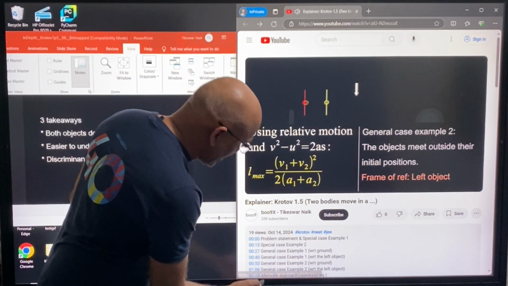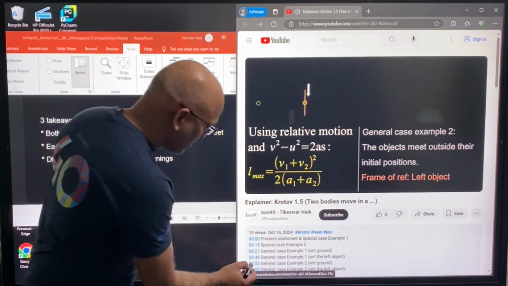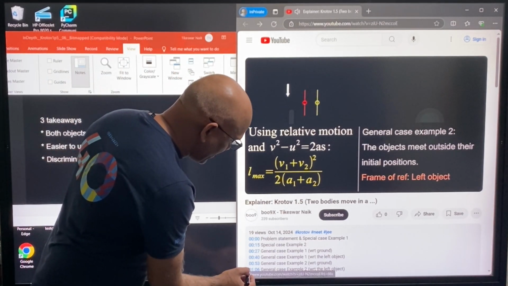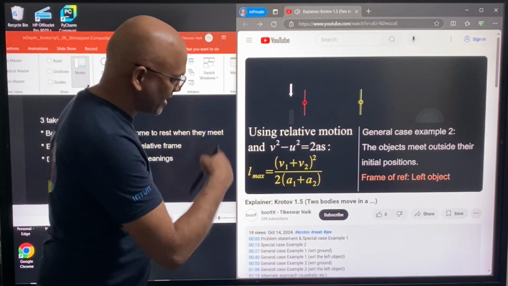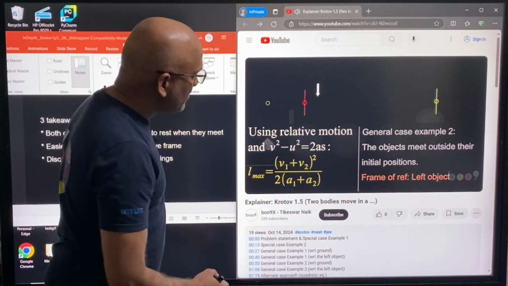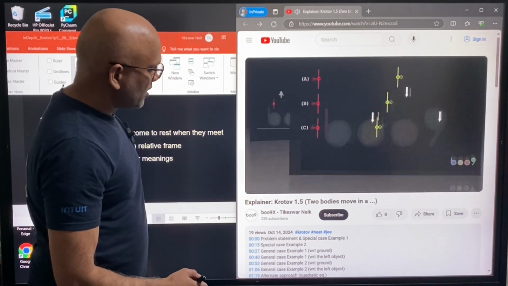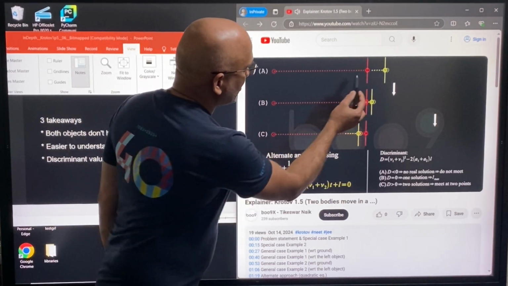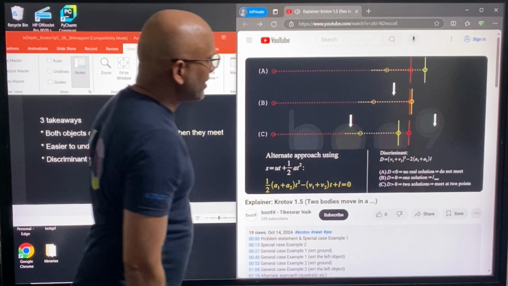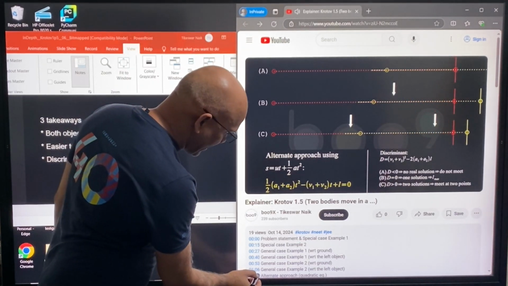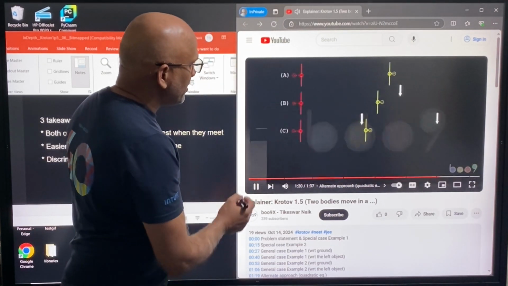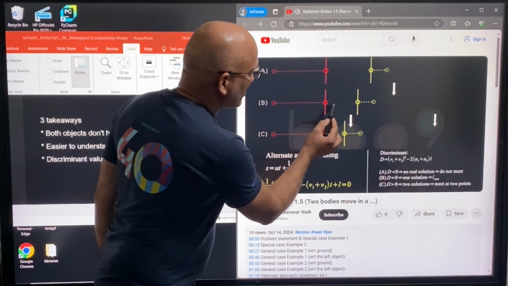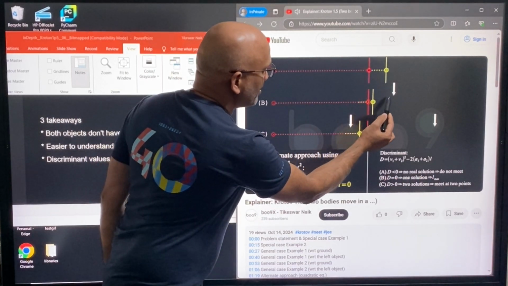Okay, it is this case. See here, they are not going to meet, right? I'll play that again. In the second case, they are just going to meet at one point here.